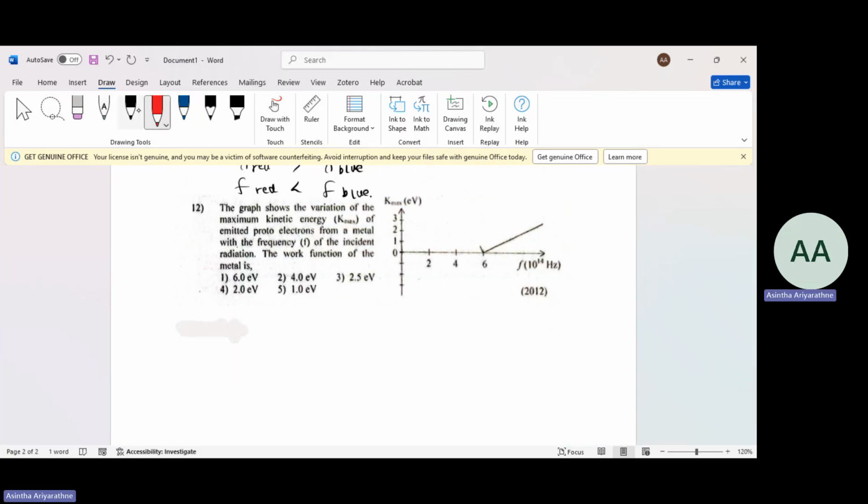The graph shows the variation of the maximum kinetic energy of emitted photoelectrons from a metal with the frequency f of the incident radiation. The work function of the metal is?